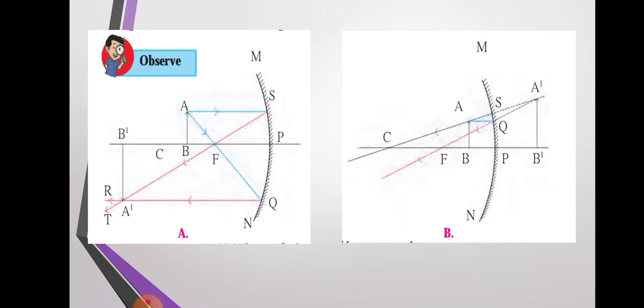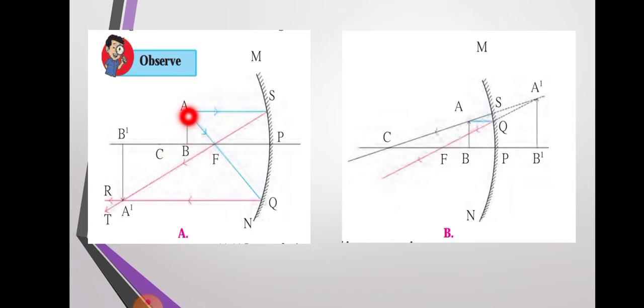which we have studied. Now here you can see, according to those rules, both diagrams are given. Here you can see this is an incident ray AS. Okay, and what happens here? First rule, the reflected ray goes through the principal focus.